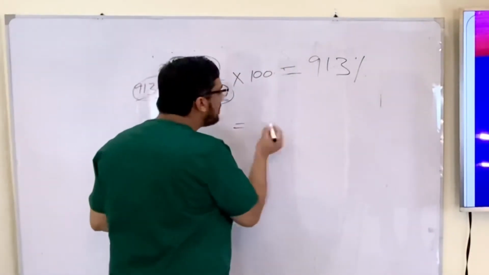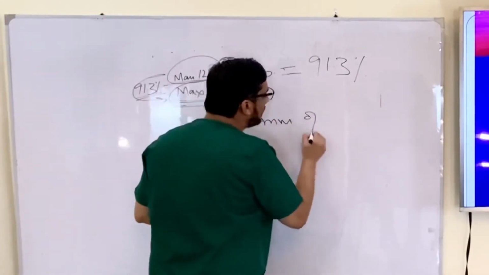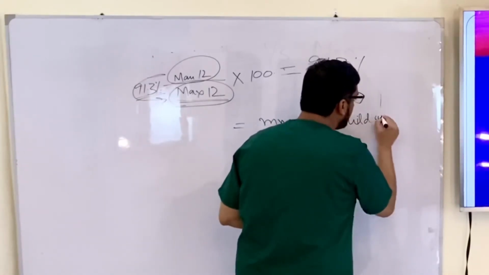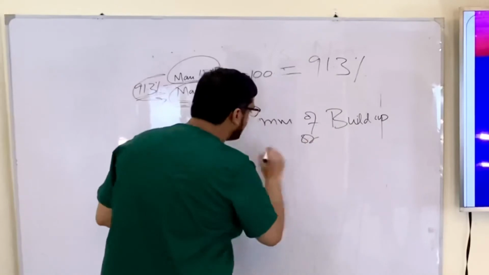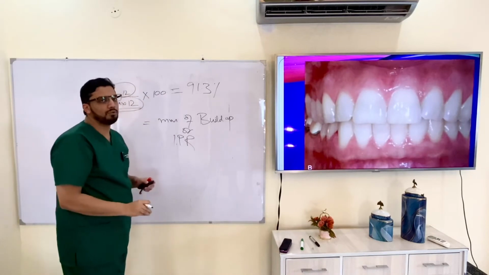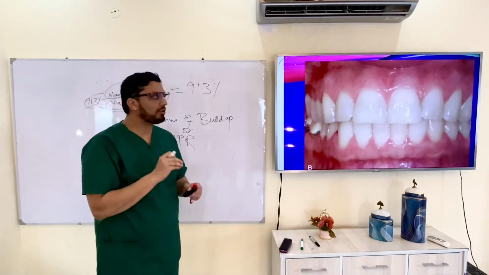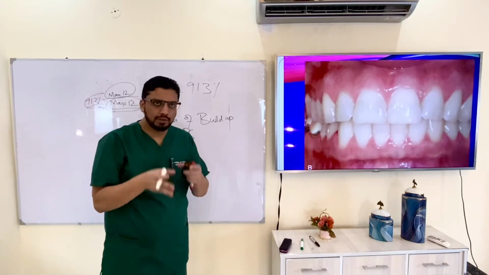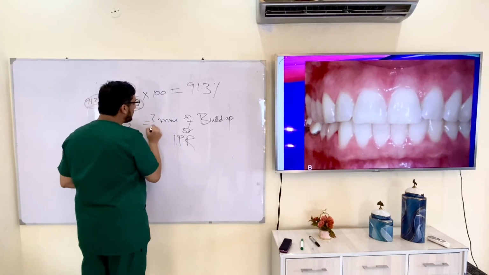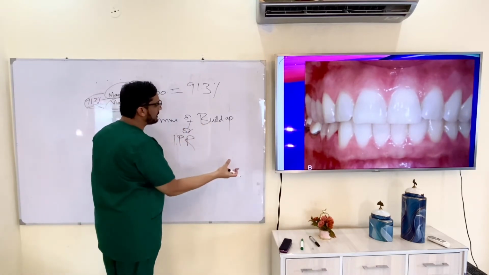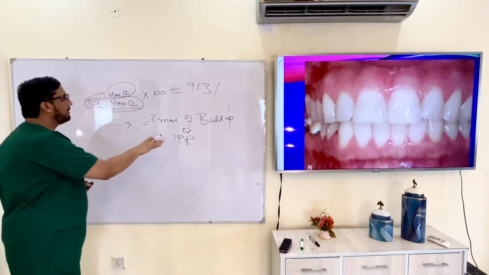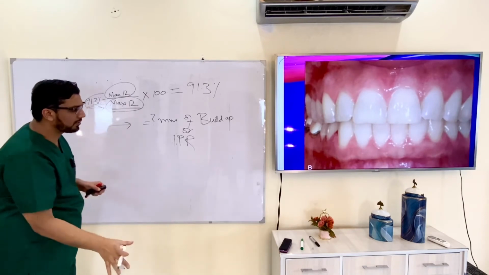We want to know how many millimeters of buildup or stripping, stripping meaning IPR, interproximal reduction, you have to do in order to match the midlines, to maximize the intercuspation, and to achieve the cusp to fossa relationship. So this is what we want to know: how many millimeters of buildup if you have deficiency, or interproximal reduction if you have excess, you have to do in order to correct the Bolton discrepancy.